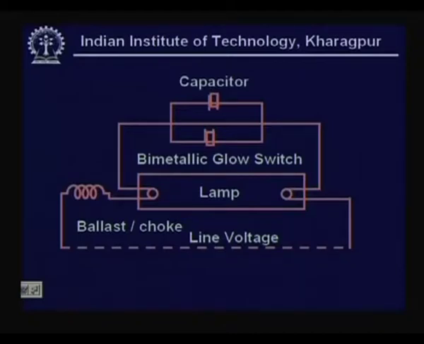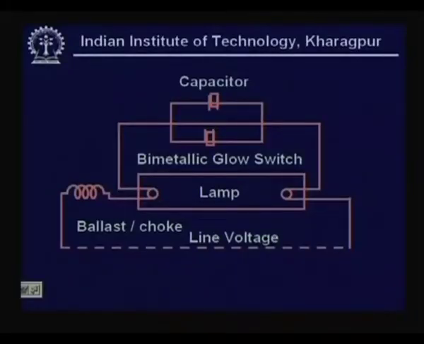There is a capacitor which, because of this inductor, is in fact needed to correct the power factor, and we know that all our systems should operate as close as possible to unity, so that the conductor sizing for the input power supply becomes nominal. And there is a switch.